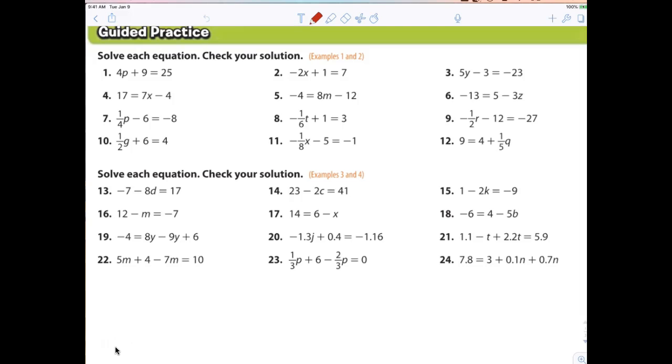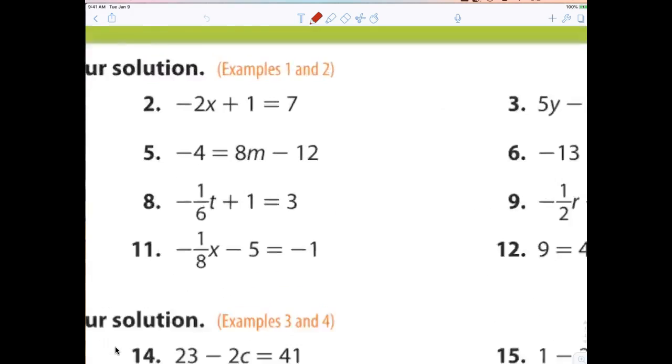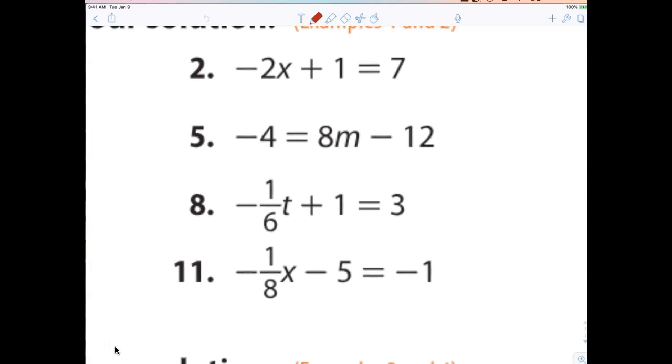Let's see how you did on number 2. And mainly you're hopefully just checking your work, all right? On number 2, first thing we're going to do is subtract 1. Is everybody okay with this? When we subtract 1, we get negative 2x equals 6. And then what do we do?